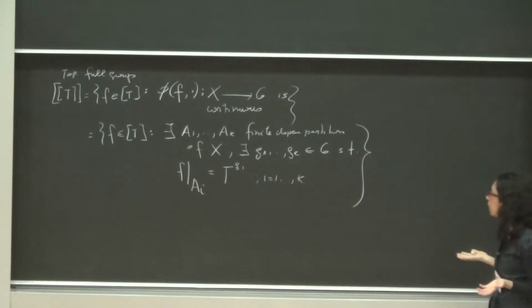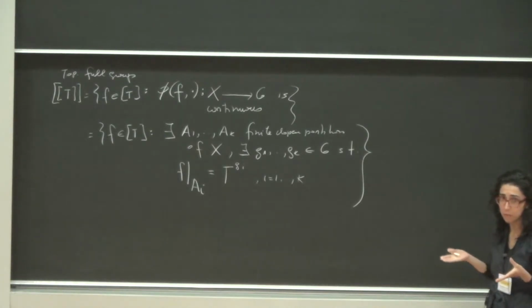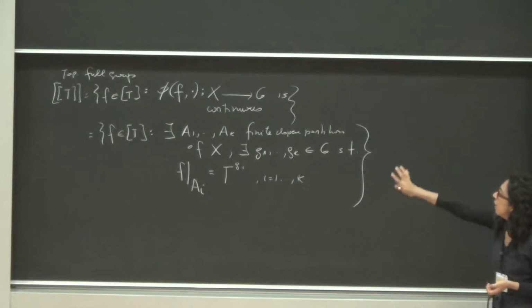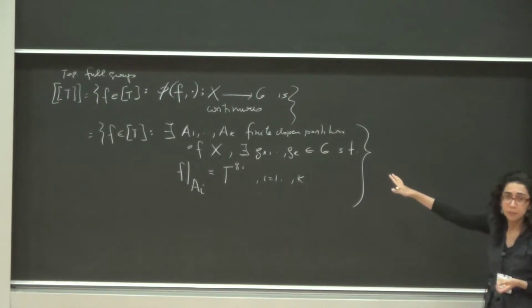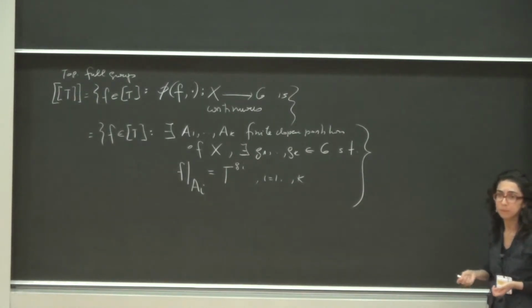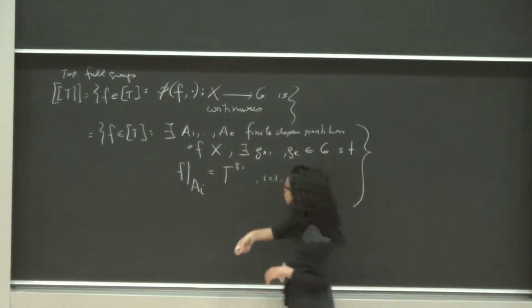And the first thing that we see: if the space is not totally disconnected, for example if the space is connected, this thing is trivial. It will be isomorphic to the group. So this is the first thing that you can see also.